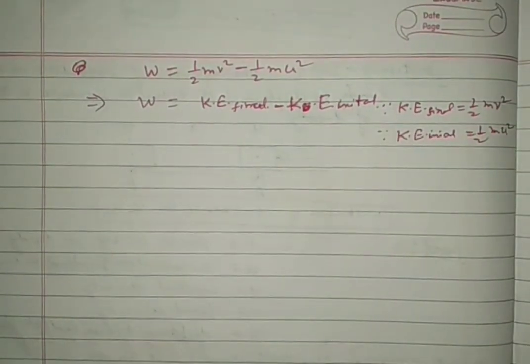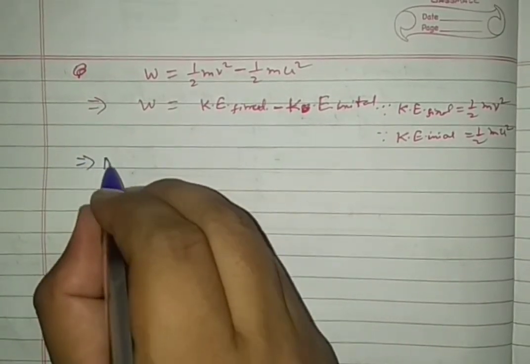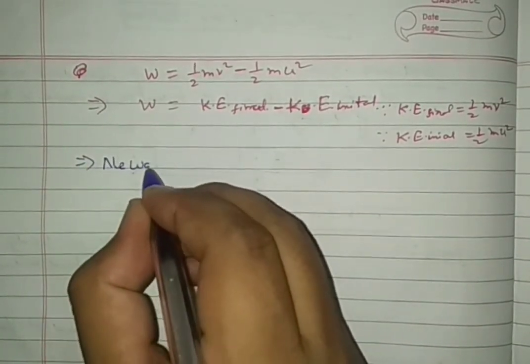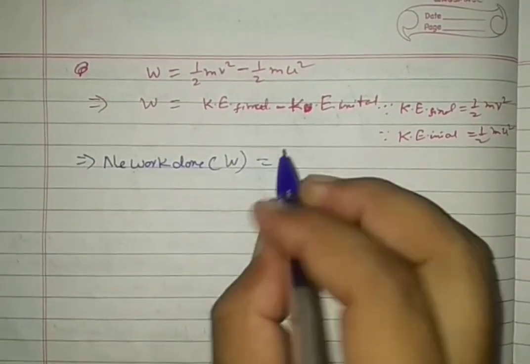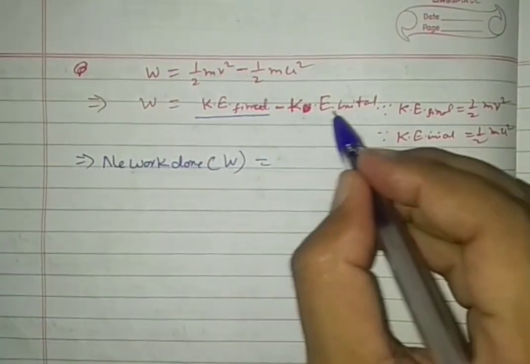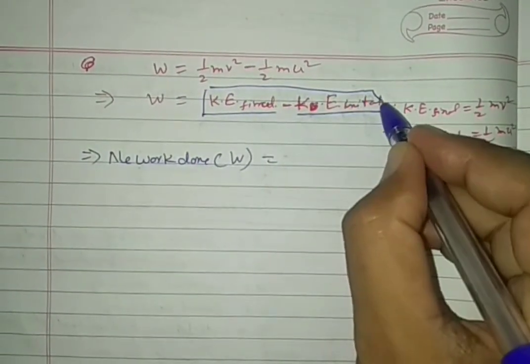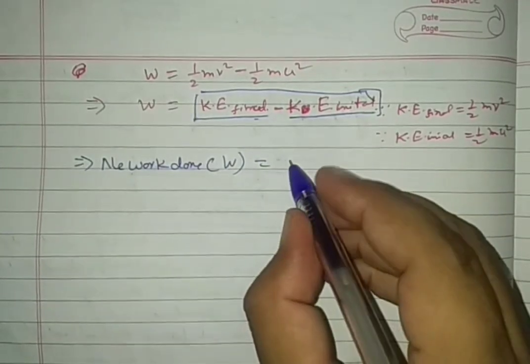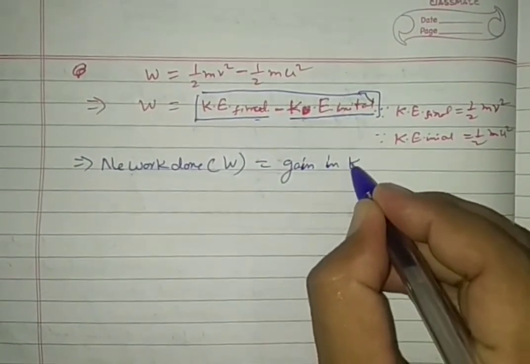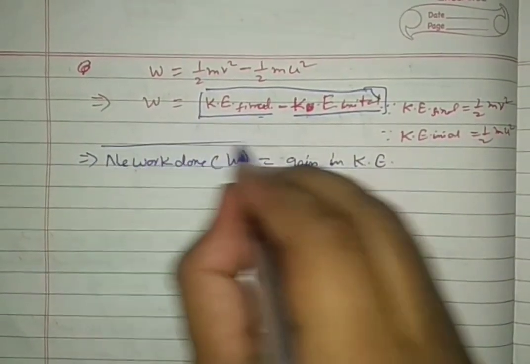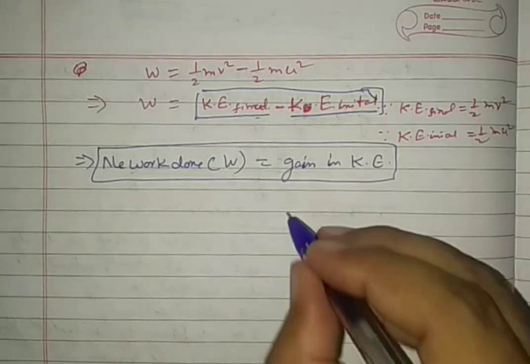Now we can write the net work done, capital W, is equal to kinetic energy final minus kinetic energy initial. That is a difference in energy, or we can say the gain in kinetic energy. This is the statement of the work energy theorem.